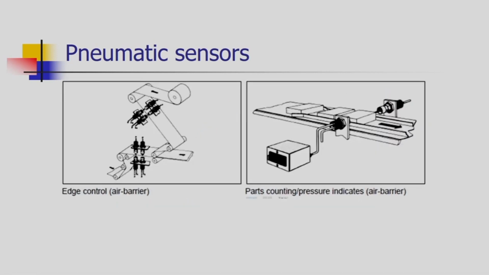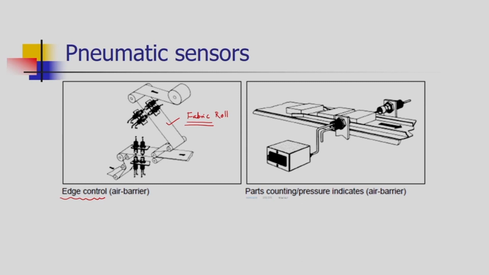The next operation is to control the edge. So, consider a textile or a fabric roll, and this fabric roll is feeding the fabric for further cutting operation. It is highly essential to have the proper flow of fabric through the system.